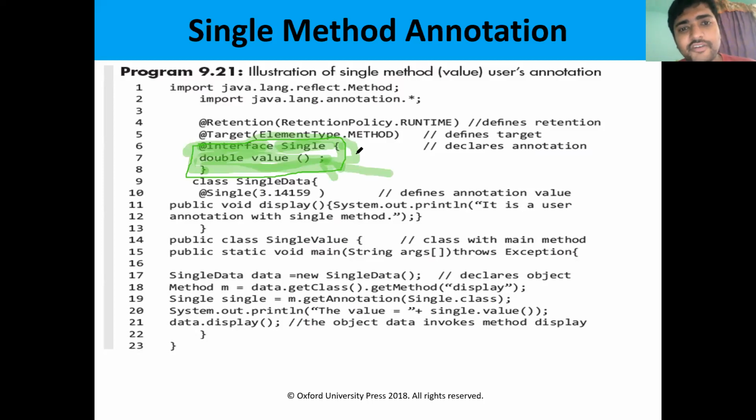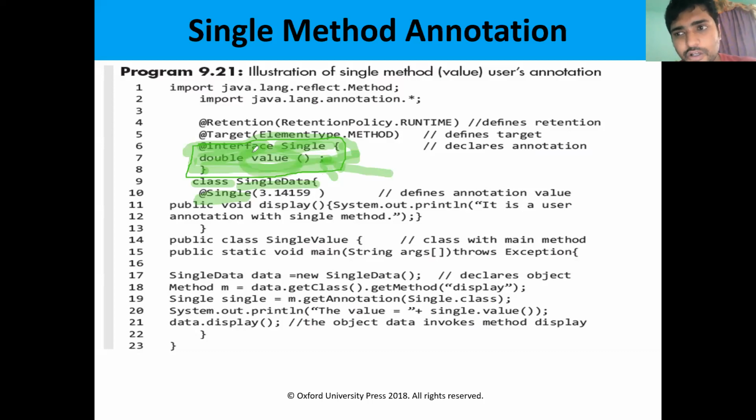In order to give the values for this, that means some data to this annotation, we need a class. In order to implement an interface, we need a class. So that's why I'm creating a class, SingleData. And then I am assigning the value as @Single, 3.14.